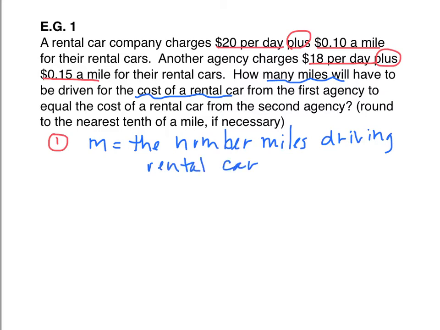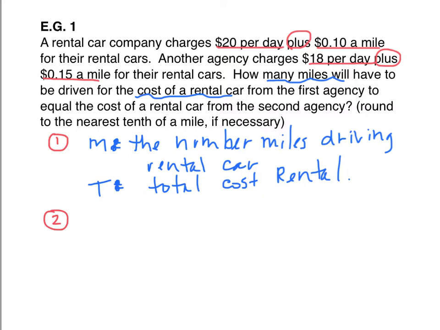And then let's use T as the total cost for rental. This is the step where we just defined our variables. It's probably more appropriate to use colons here instead of equals, because equals is an equation type thing, so I'm not going to be too picky about those symbols. In step 2, we're creating our equations.